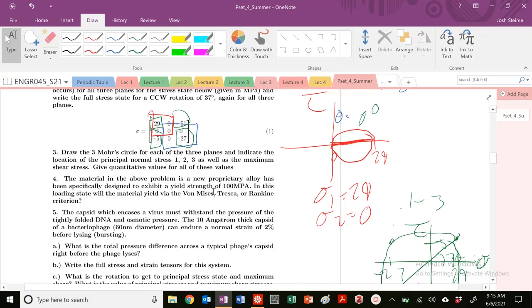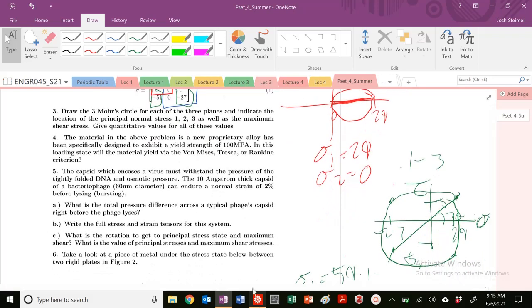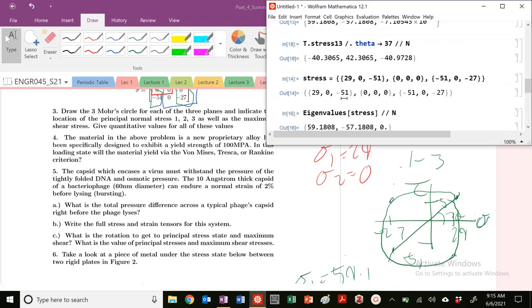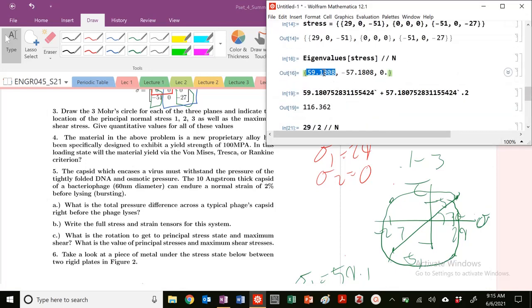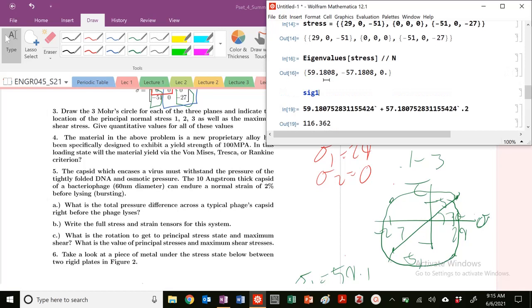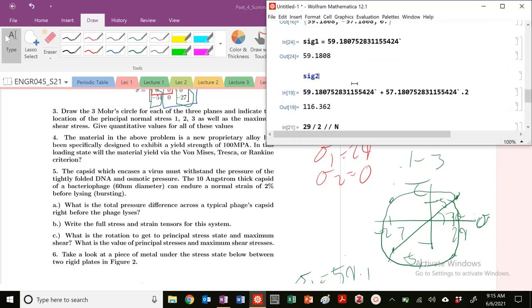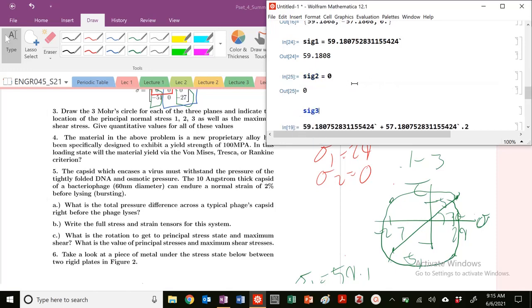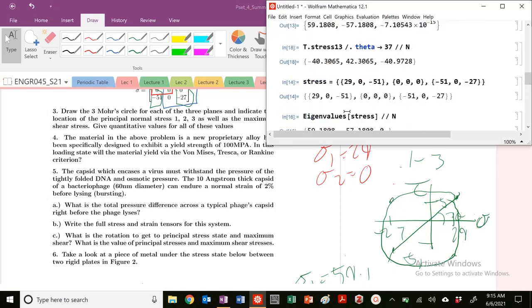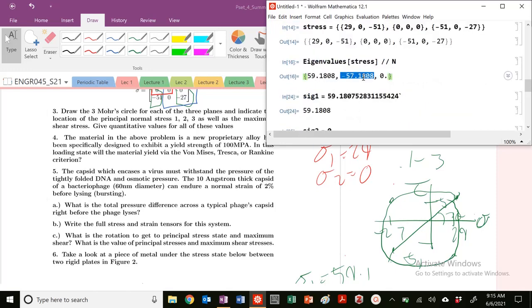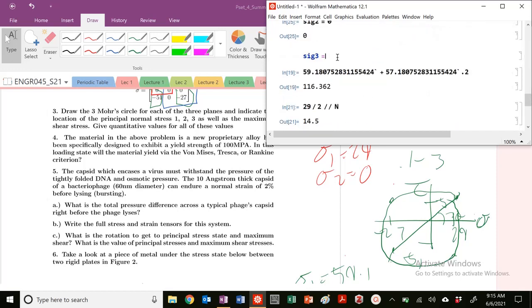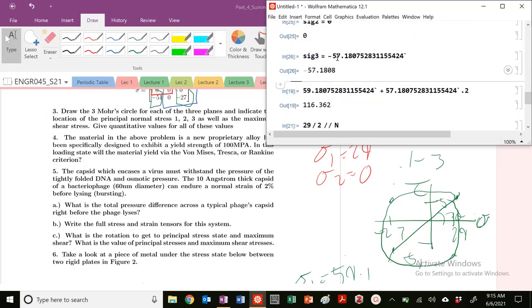All right. So now the question is asking us about the above material, and let's go ahead and define those. I'm going to say this is my sig 1 equals this, my sig 2 equals 0, and my sig 3 equals this. Again, linear algebra, eigenvalues, doing it geometrically, plug and chug, they all give us the same answer.